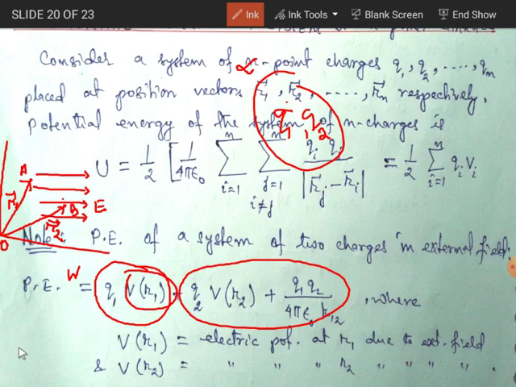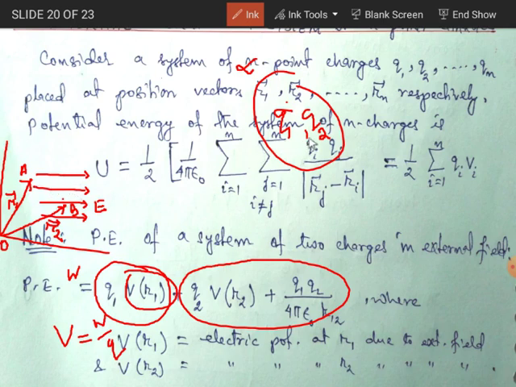Because electric potential is defined as work done per unit charge, right? Work done per unit charge. So work done will be V into Q, or Q into V you can say. So Q1 times V. What is V? Electric potential at that point due to this external field.